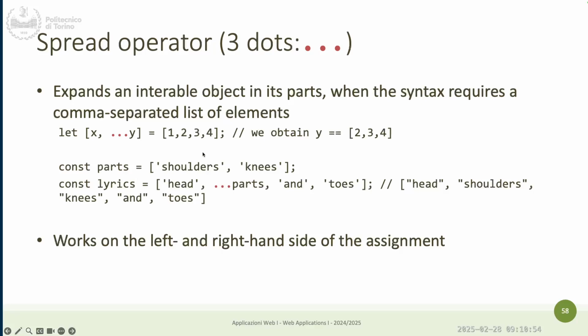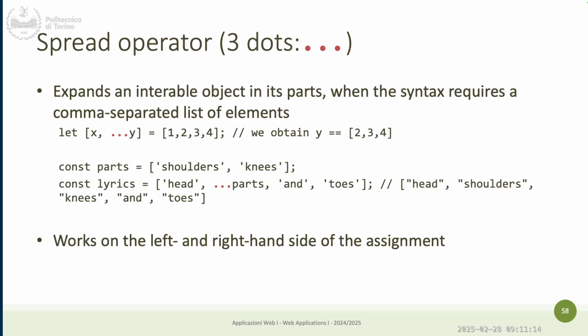It can be useful, for example, because other languages have special syntaxes for functions with a variable number of arguments. So you have to deal with some arguments, you don't know how many they are, and this is just here. Let's collect all of them and then put them into an array. Let's process them.